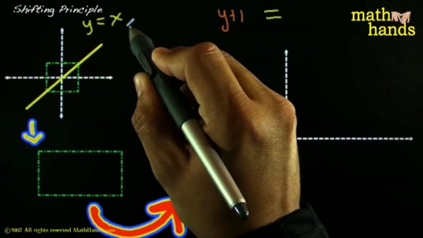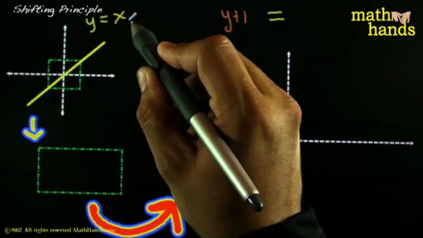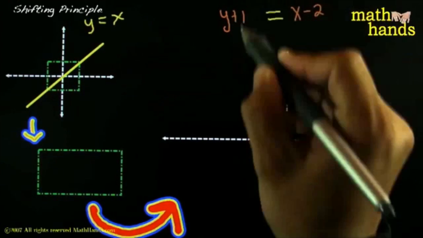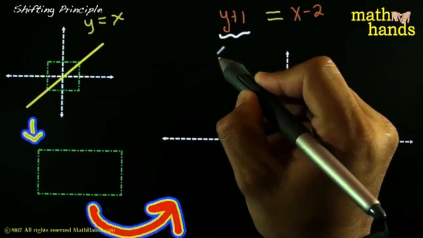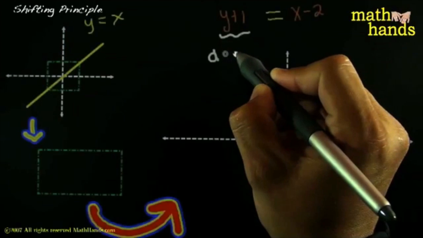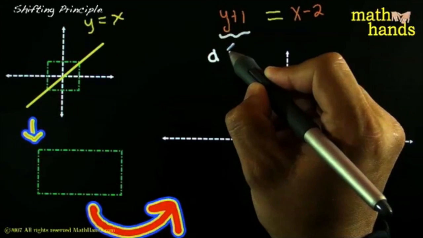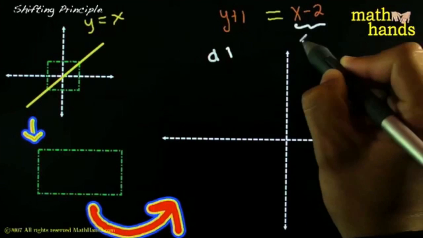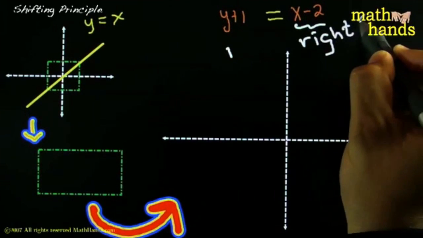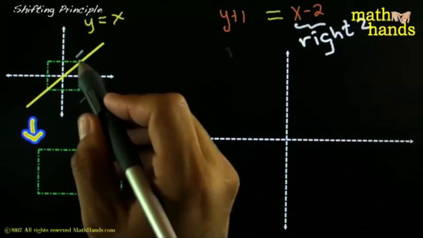And at the same time, you replace x with, say, x minus 2. On the one hand, this part right here tells you to shift down 1. This part over here tells you to shift right 2. So let's do it.